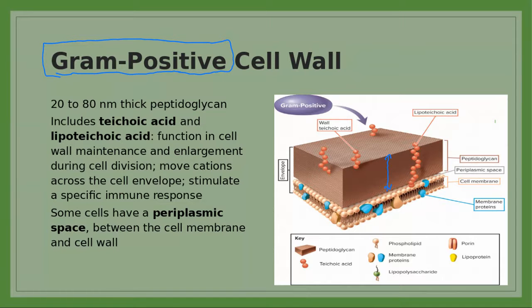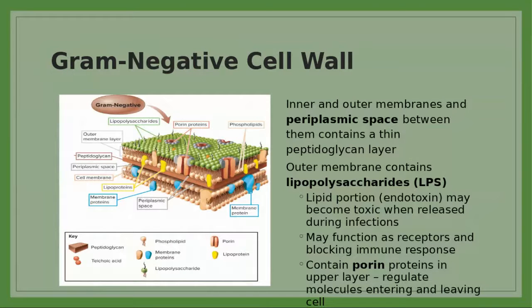So this is the gram-positive bacteria. Under that cell wall, of course, is the cell membrane over here. So this is the cell membrane, and this is the cell wall. That's the gram-positive bacteria.